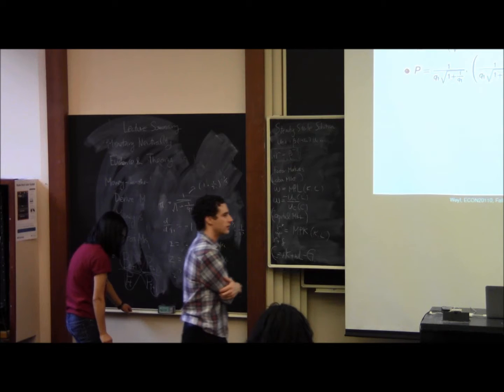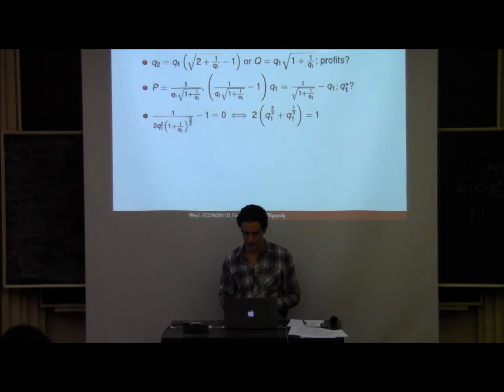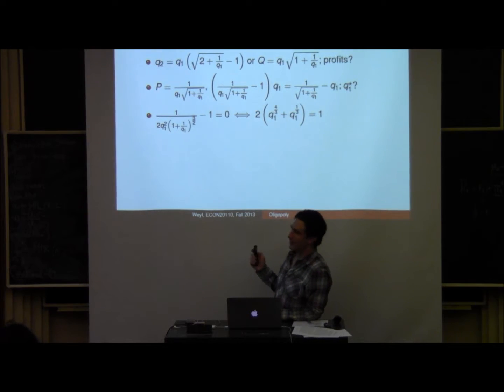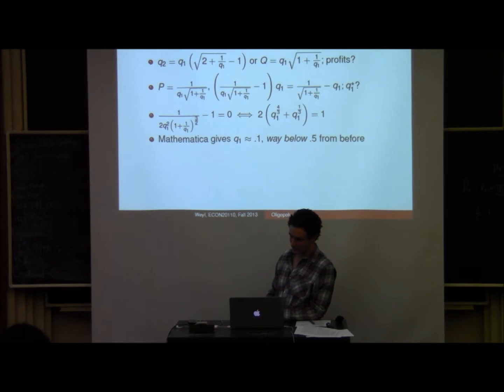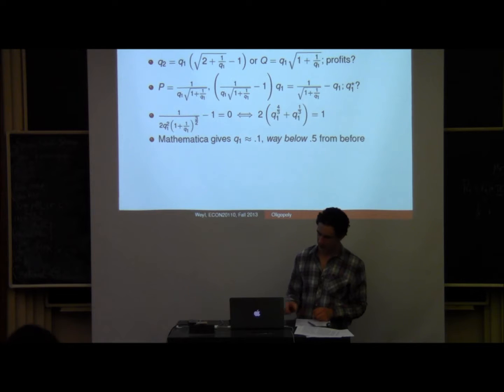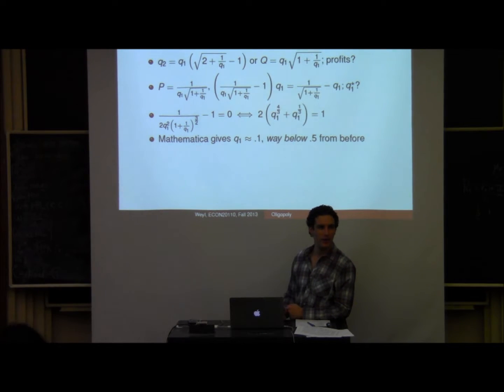Great. Okay, so this actually can't be solved analytically from the point that she's gotten it to. But here's where she got. And Mathematica, if you plug this in, very nicely done, Florence, gives us Q1 is equal to 0.1, which is way, way, way below 0.5, which we got before.